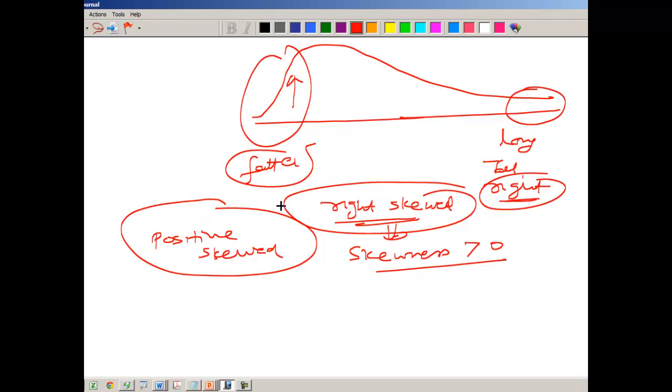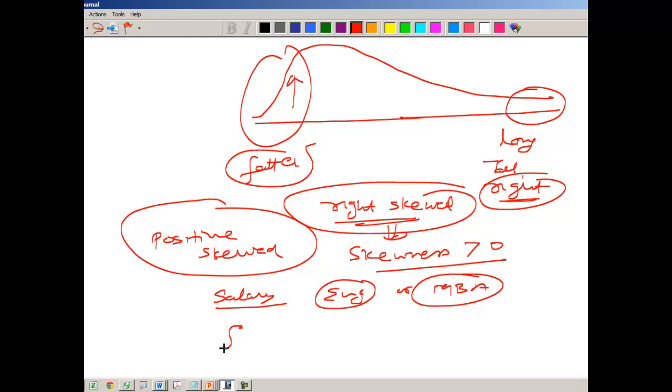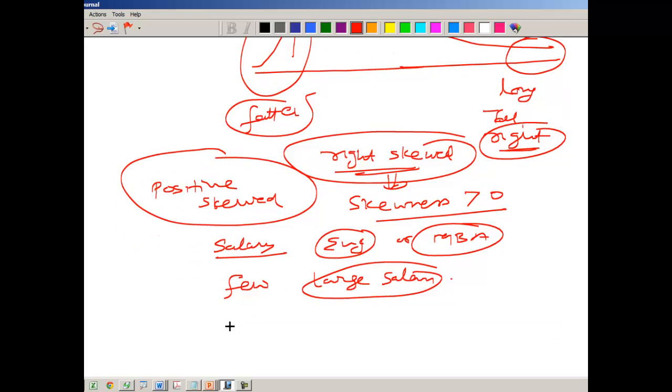You can see lots of examples in real life of this type of distribution. Think about the salary packages that people get in engineering schools or MBA schools. There are a few students who get very large salaries, and lots of students who get salaries near the average or below the average.